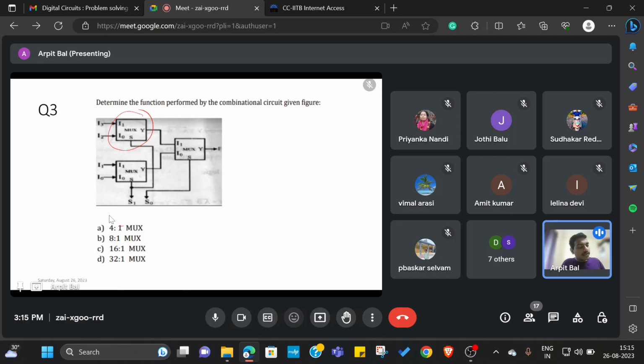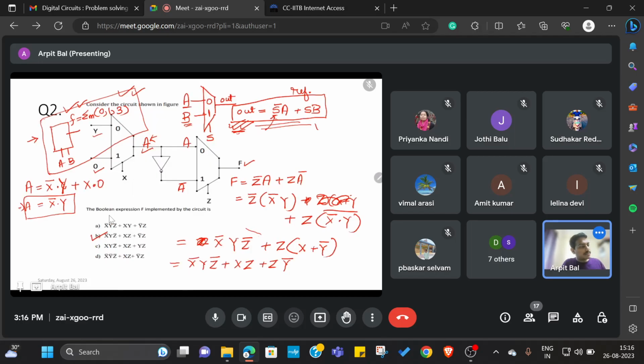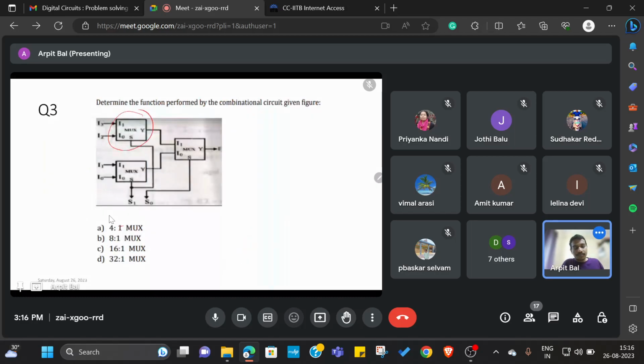So the basic equation will again remain the same. Just like how we solved for this node and then this node, the same thing we are going to do for this particular question as well. Let me call this node y1 and this node y0.